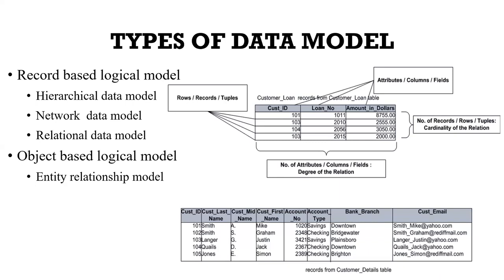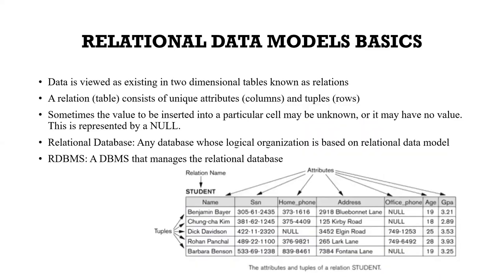It specifies many shapes in order to recognize the components we are going to use in a database. The entity relationship model will be taught in future lectures. Now we are going to discuss the relational data model. These are some of the basics of the relational data model.